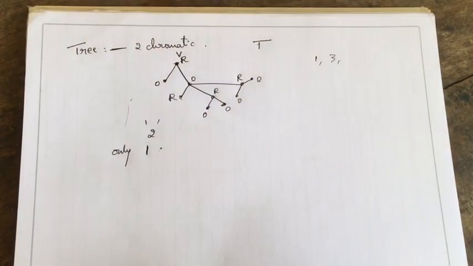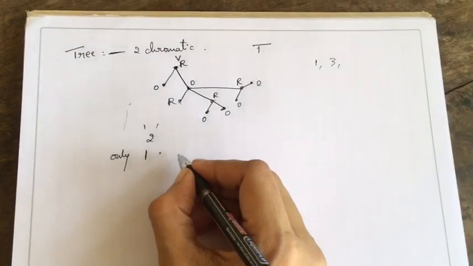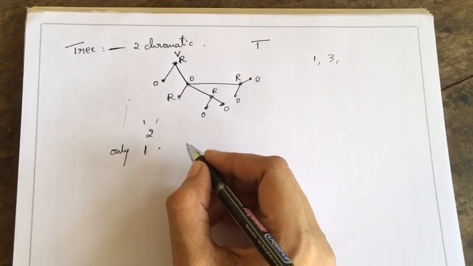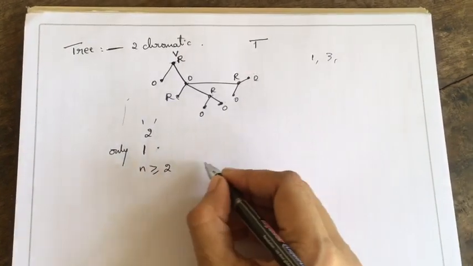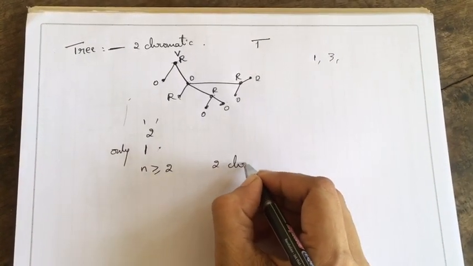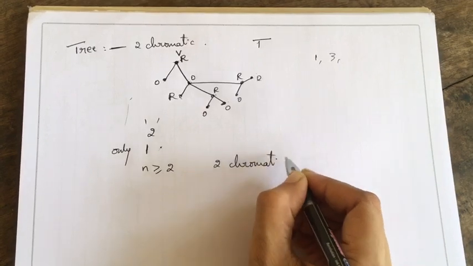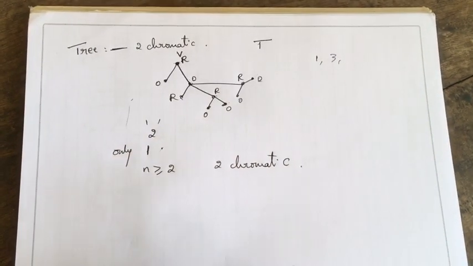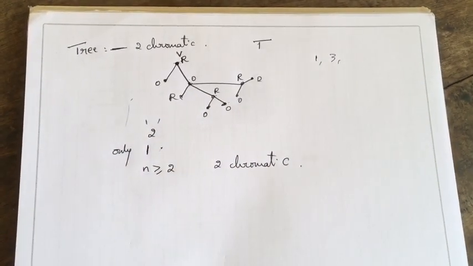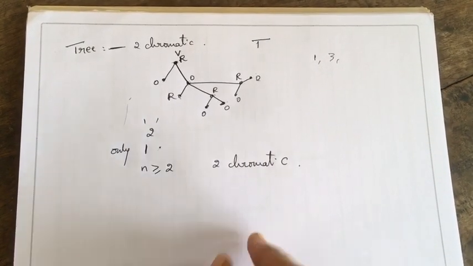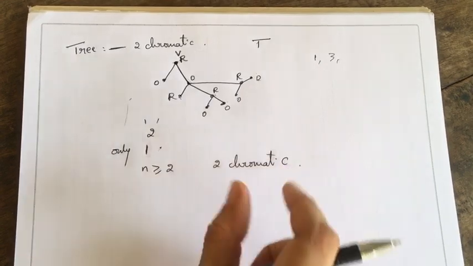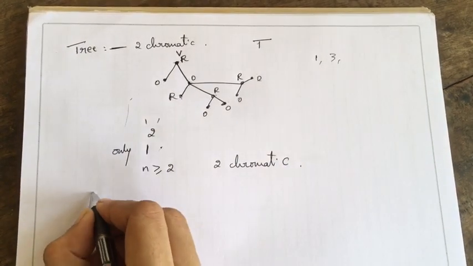Very important note: every tree with n greater than or equal to 2 is two chromatic. But remember one thing, the converse is not true. I cannot say every two chromatic graph is a tree. Okay, the converse is not true.